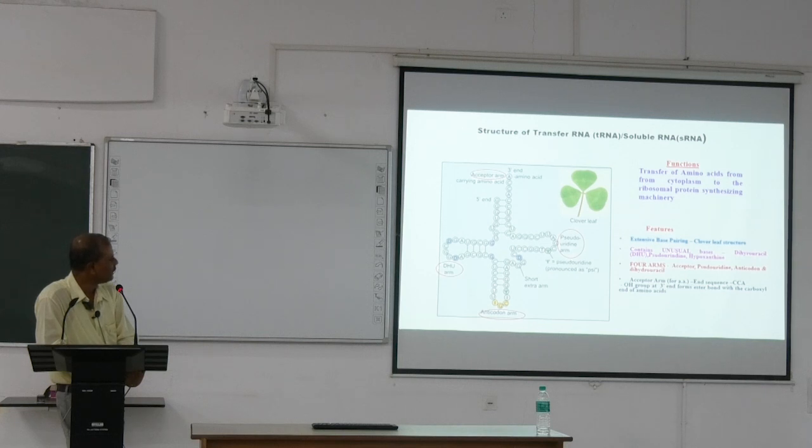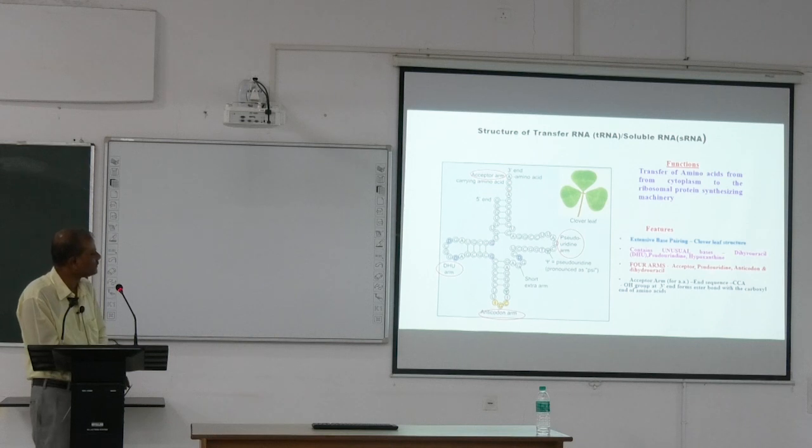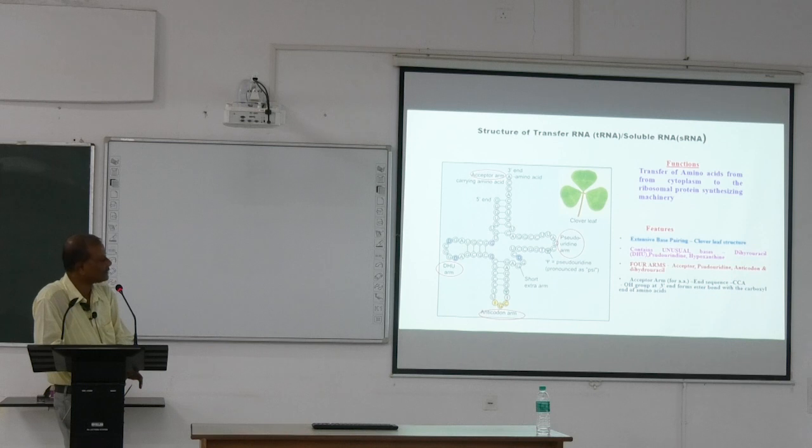And this is called the pseudouridine arm. And there is hypoxanthine, that is inosine. So this is the acceptor arm. This is the anticodon arm. The acceptor arm ends at CCA, as I told you. The hydroxyl group at the 3' end forms, with the carboxyl group of the amino acid, an ester bond.